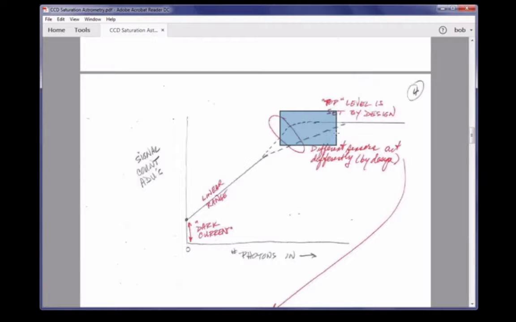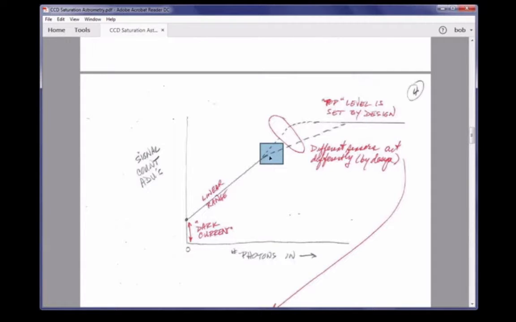So your ideal goal is, if you look at your target stars and your comparison stars, any stars in the image that are of interest to you, the peak pixel of the brightest of those stars should be somewhere below the turnover point.